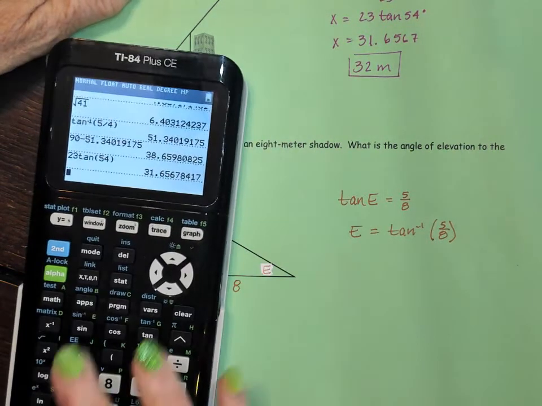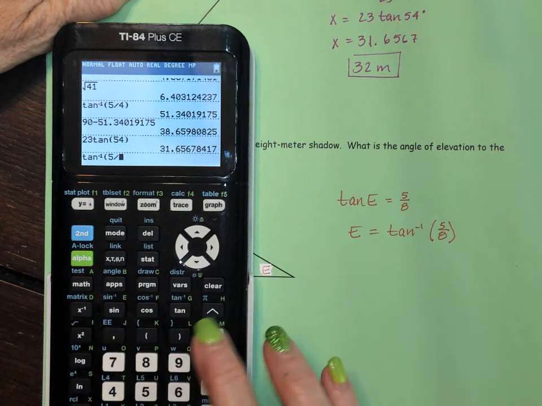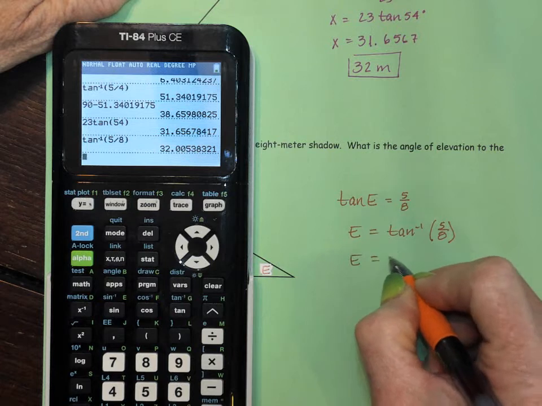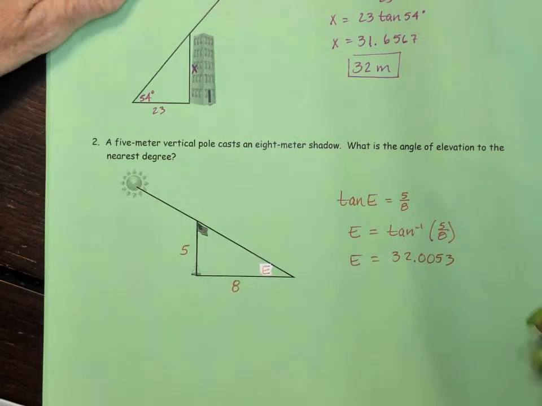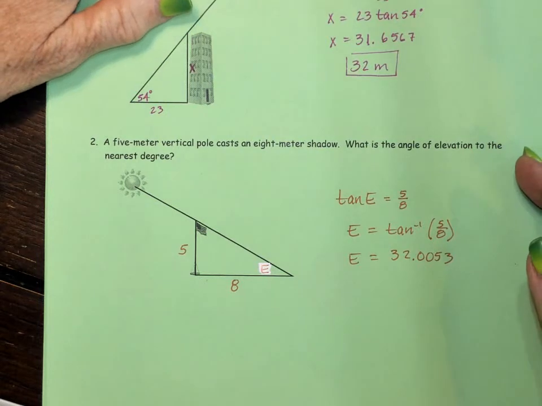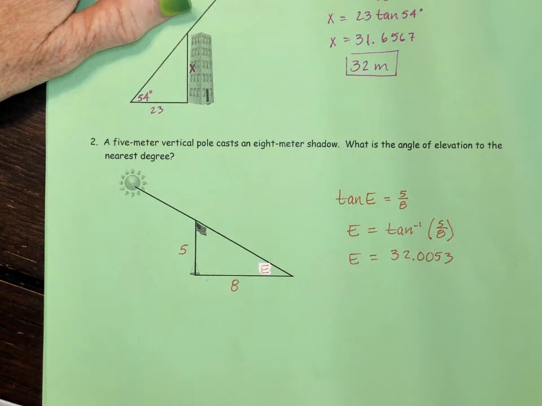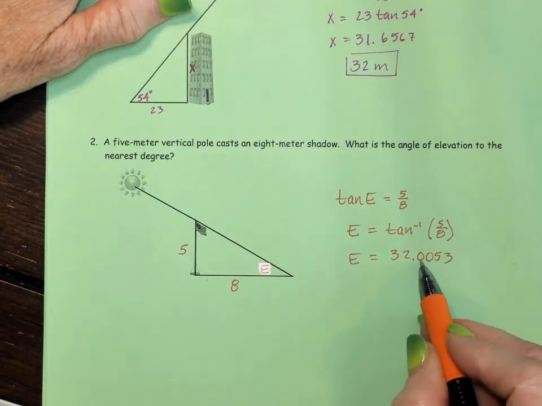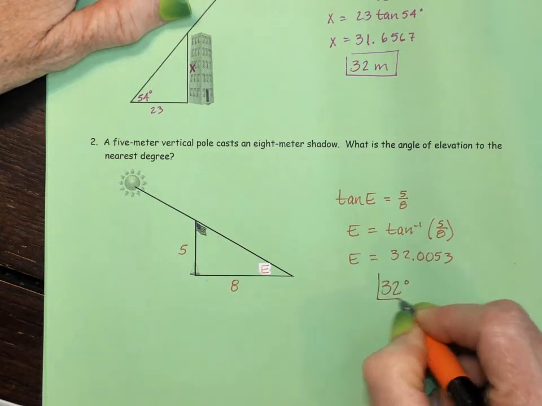On a calculator, 32.0053. For this one, I'm just writing a bunch of decimals, usually 4, and then I'll go back and check my rounding. What is the angle of elevation to the nearest degree? Nearest whole degree, we look at this 0. That 0 does not make this 32 round up, so 32 degrees.